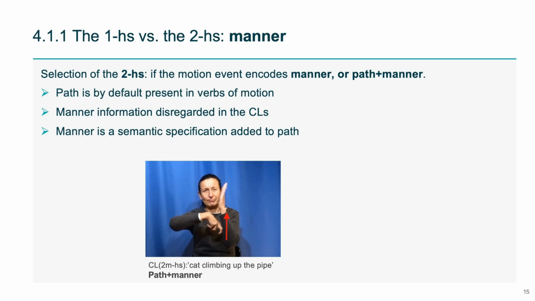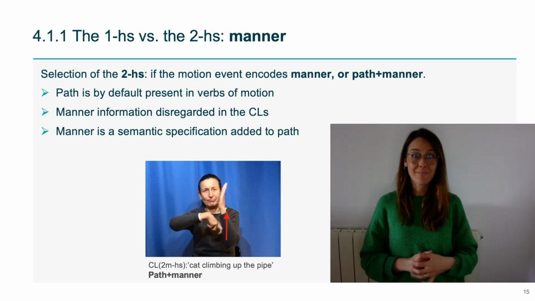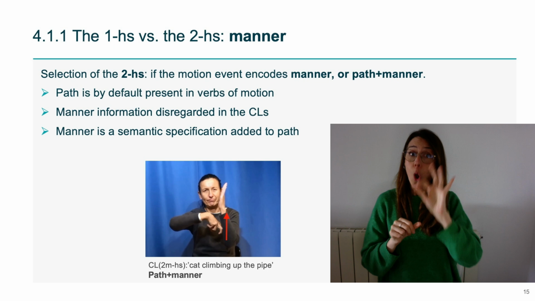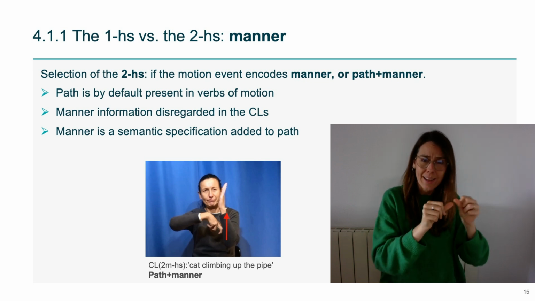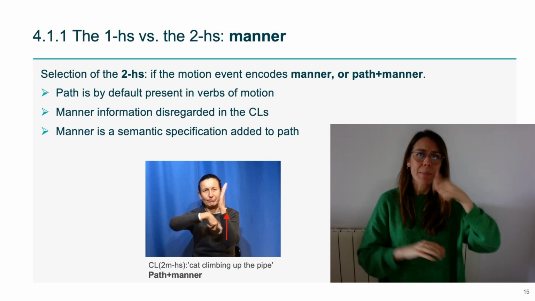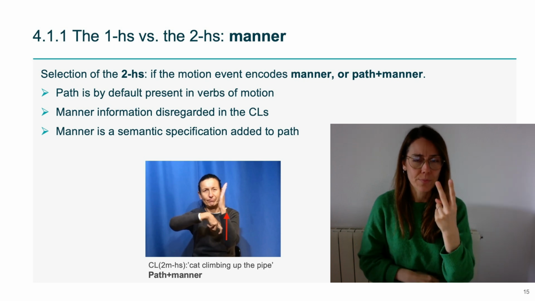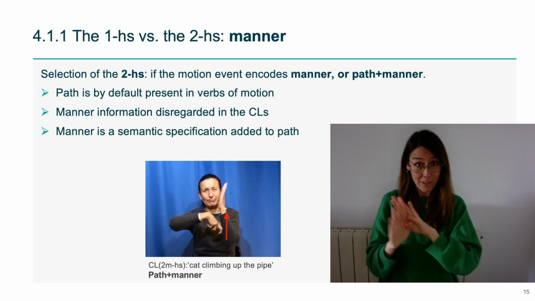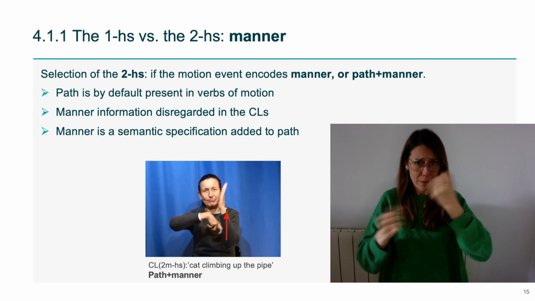So from our results on the expression of manner, we can see that if a motion event encodes manner alone or path and manner at the same time, then there is a strong preference for the use of the 2 handshape. And this is due to different reasons, we think.